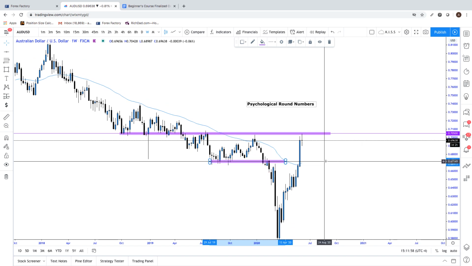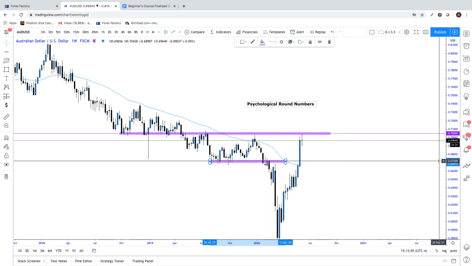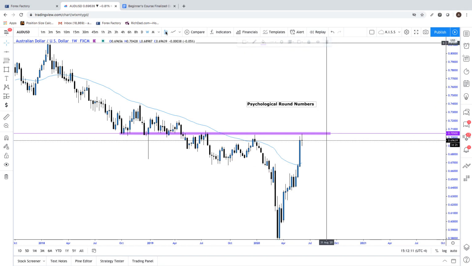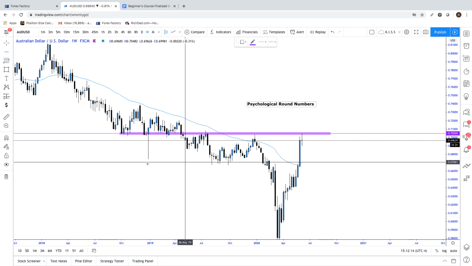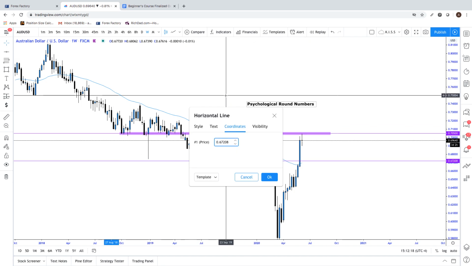Okay. Now, what round number are we near? Well, we look on our price bar, and that's quite clearly around 0.6700. So we can take our line, all right, make this 0.6700.